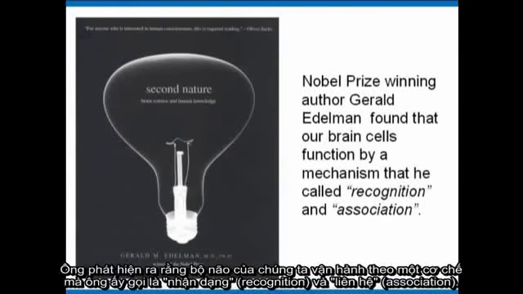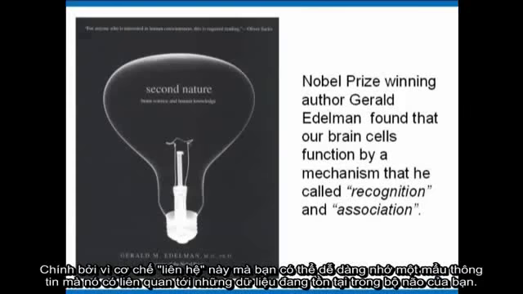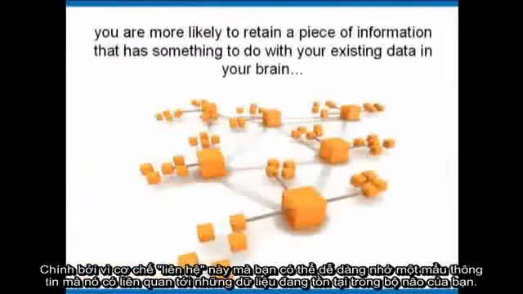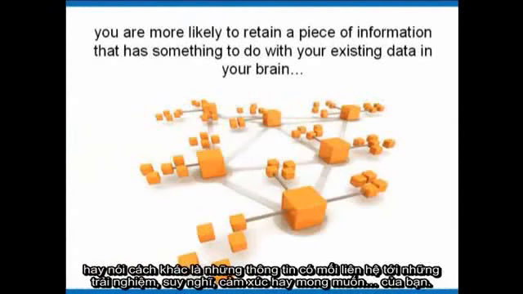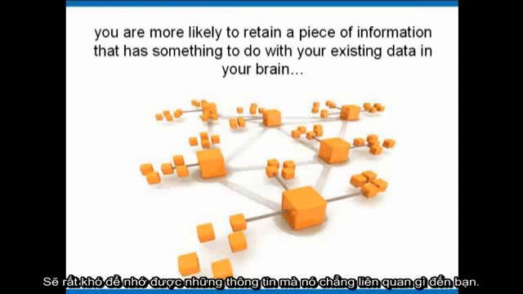He found that our brain cells function by a mechanism that he called recognition and association. Because of the association mechanism, you can easily remember a piece of information that has something to do with your existing data in your brain. In other words, the information that can relate to your experiences, your thoughts, your feelings, your desires.